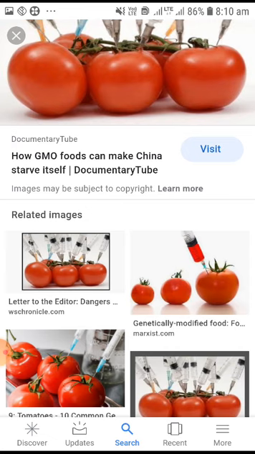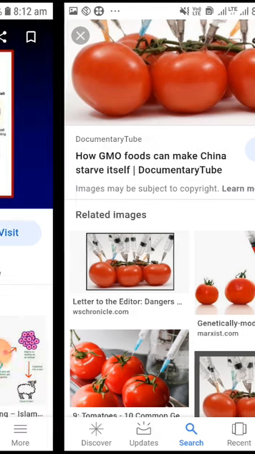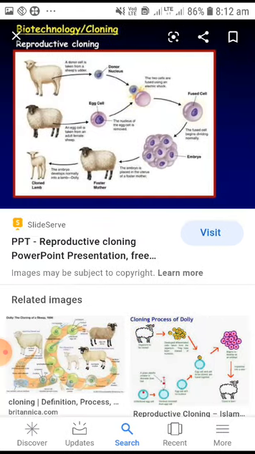You might have seen some hybrid plants also, some hybrid vegetables available in urban and city areas. These are prepared with the help of biotechnological methods.